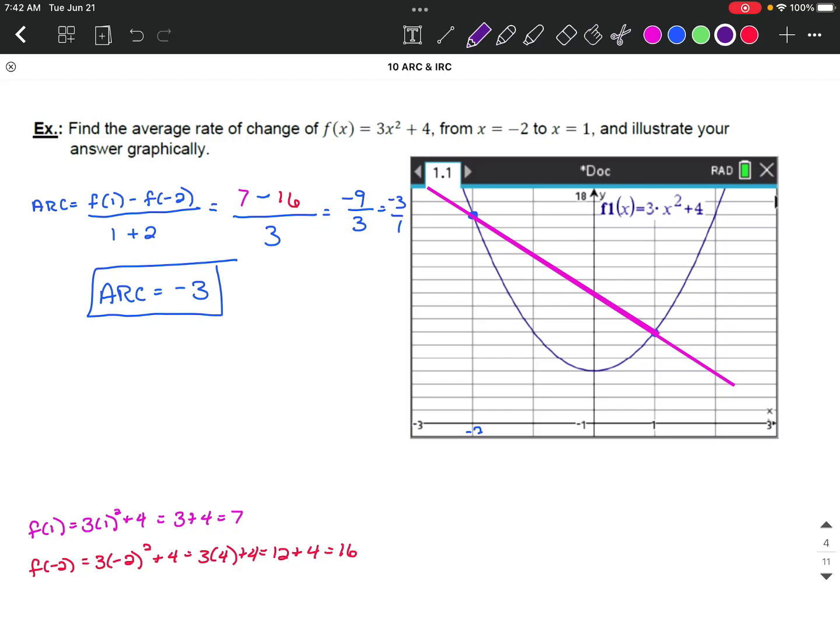It's going down 1, 2, 3 over 1. The slope of this line is negative 3 over 1, or negative 3. So to illustrate it graphically, you graph the line and you tell me that the slope is negative 3.